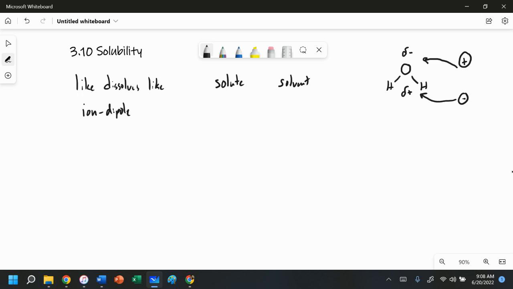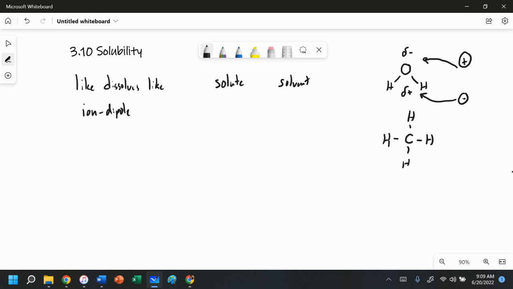If you had a nonpolar substance, a good example would be methane, which is CH4. Every side of the methane molecule is identical to every other side, and so this is nonpolar. One side of the molecule is no more negative than another side. So there's nothing on this molecule to attract the ions in an ionic compound.